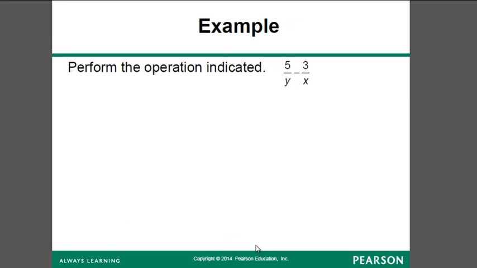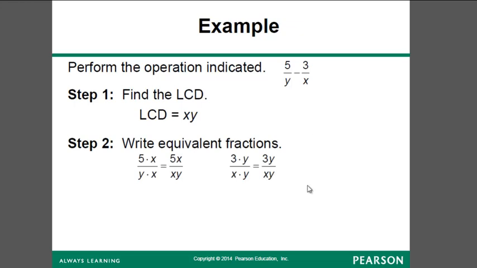Here I have 5 over y minus 3 over x. So what would my common denominator be? It's actually going to be x times y. And so what I'm going to do is I'm going to multiply my first fraction, numerator and denominator, by an x, and multiply my second fraction by a y, which is what I've done here.